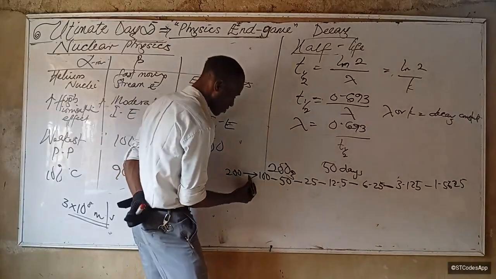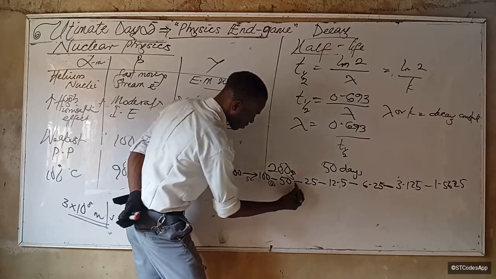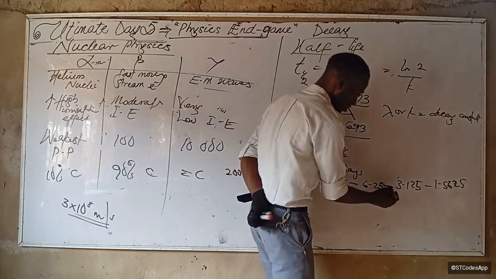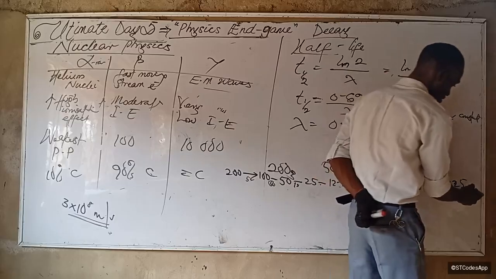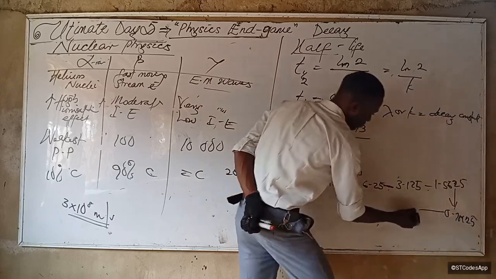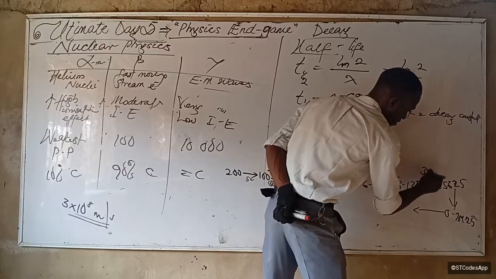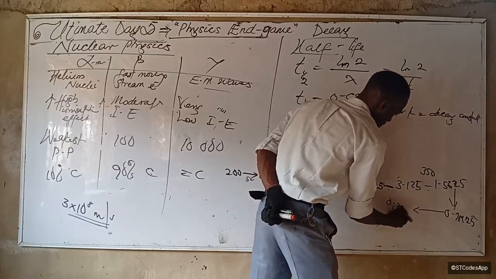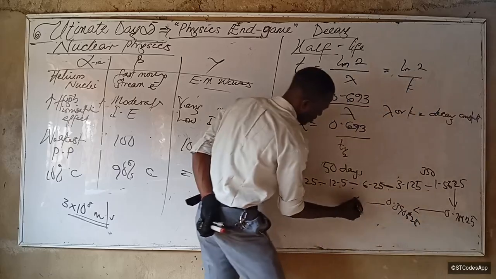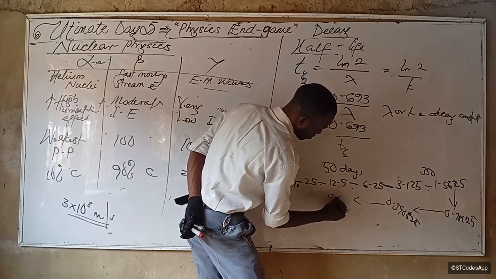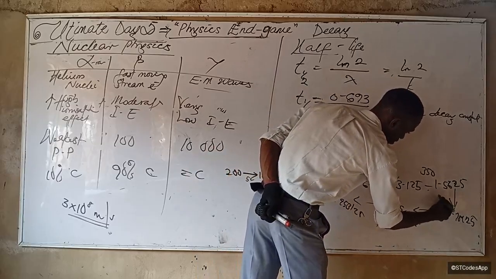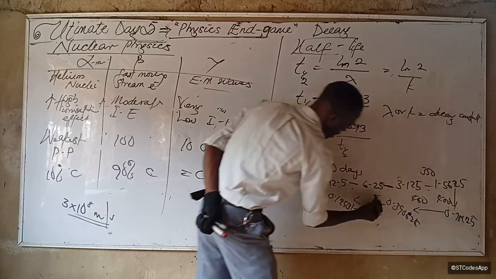So we have 50 days, 100 days, 150 days, 200 days, 250 days, 300 days, 350 days, 0.78125, 0.39065, 0.195. Then 400 here, 450 here, 500.